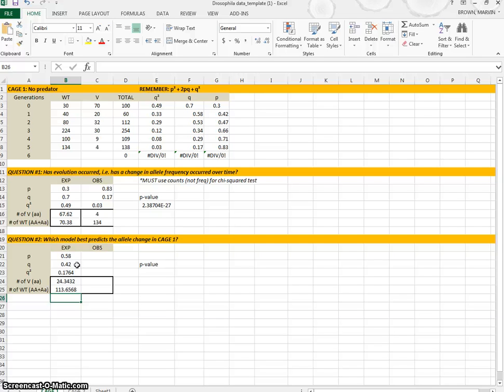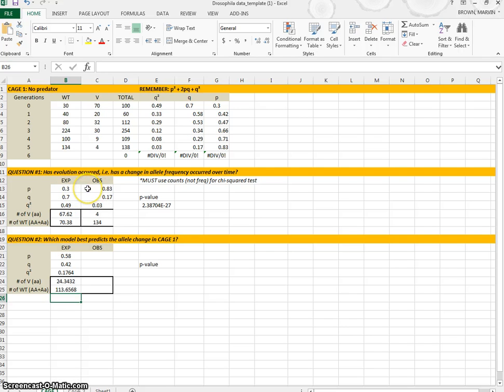We changed the vestigial fitness level from 0.4 to 0.8 to 1, and then we started changing the P fitness. So for the no predator cage, you were asked in the beginning of the course to see which one it fit, right? Which one does it best match?